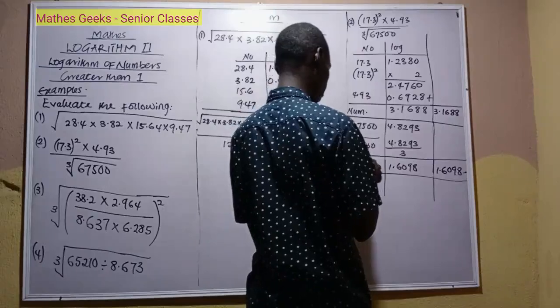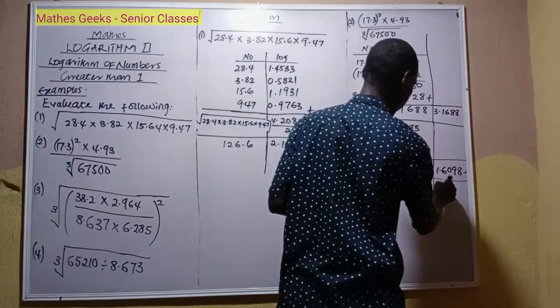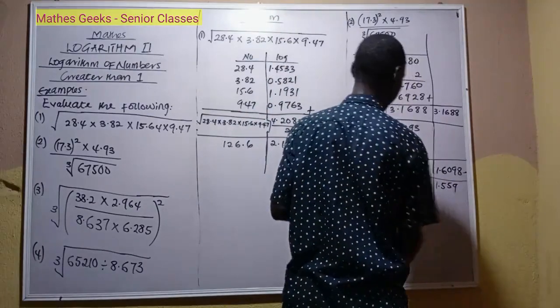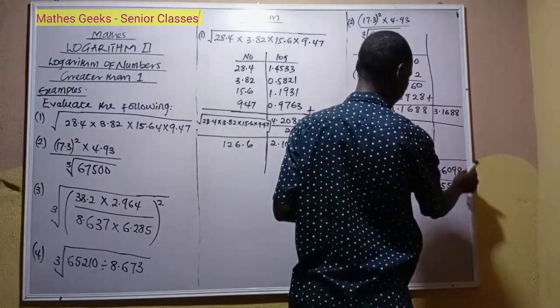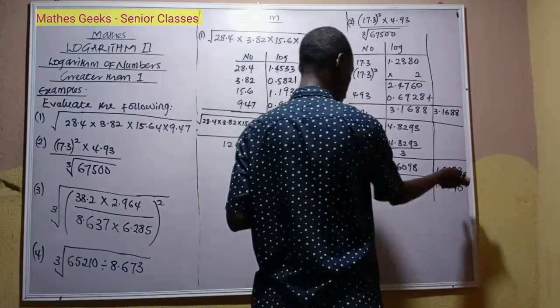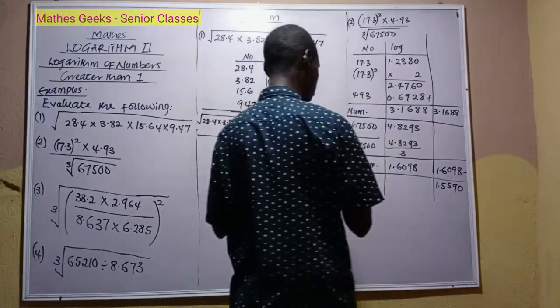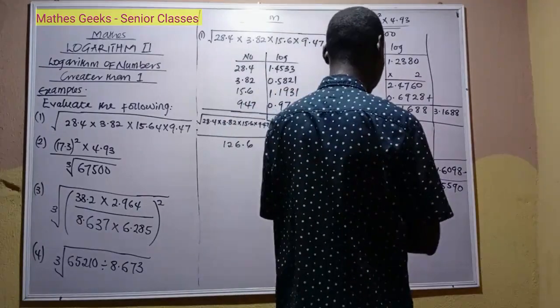That will give me 1.5590. Put 0 here because 8 minus 8 is 0. So we're going to find the anti-log of 1.5590.